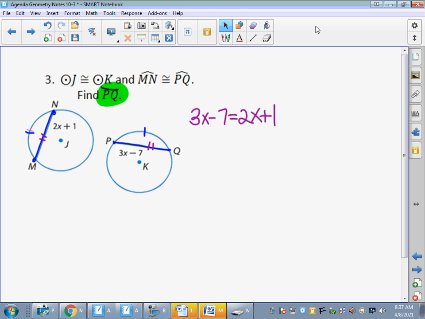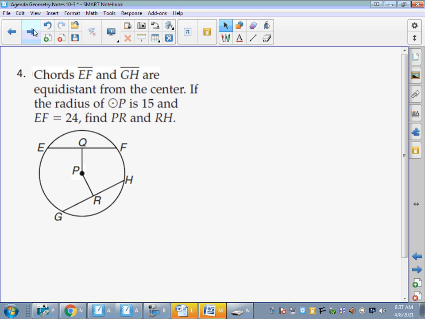All right, let's do one more example. You could finish that one off. This one is a little messier. Chords EF and GH are equidistant from the center, which means here's EF, here's GH, which means that PQ is congruent to PR. That's what that equidistant is telling you. We also know, remember I mentioned, you must have a right angle here, so add it in if you need to.